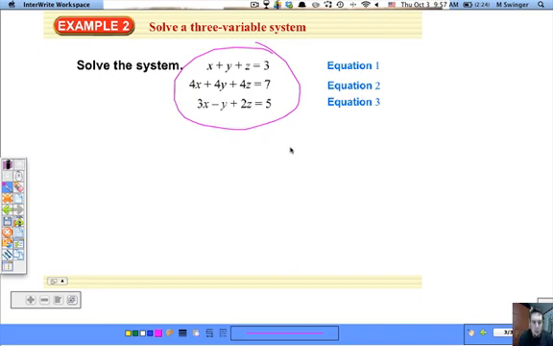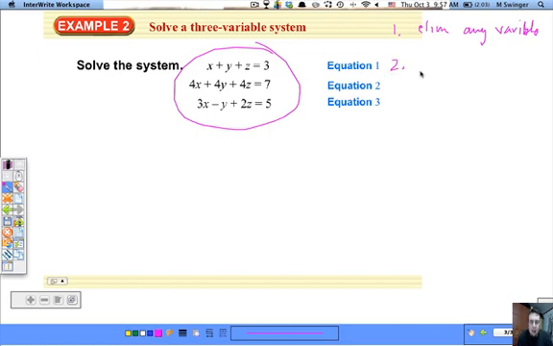Okay. But here's what we're going to do. Number one, make sure you remember these steps. Number one, we're going to take any two equations, this one and this one, 1 and 2, 2 and 3, and eliminate any variable. Okay, any two equations. You can write that.